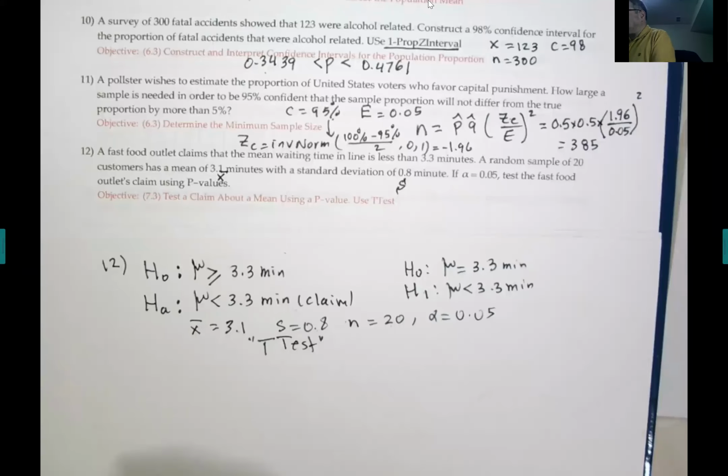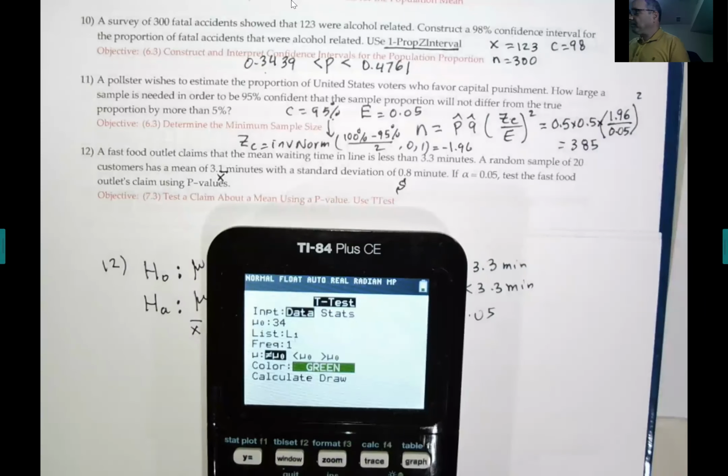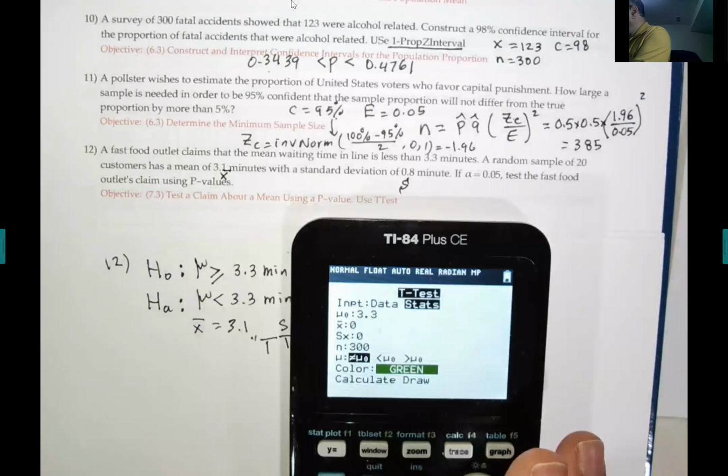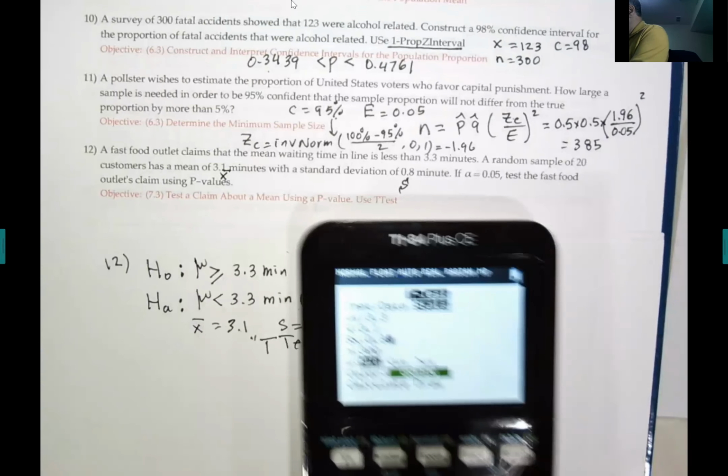Okay, it's a t-test. And how do we do the t-test? It's stat, tests, t-test. You already know how to do that. You go to stats, and the 3.3. X bar, guys, is 3.1. S is 0.8, if I'm not mistaken. N is 20.